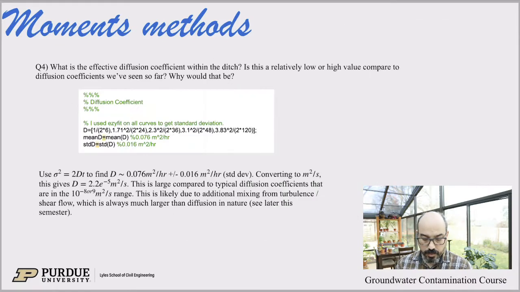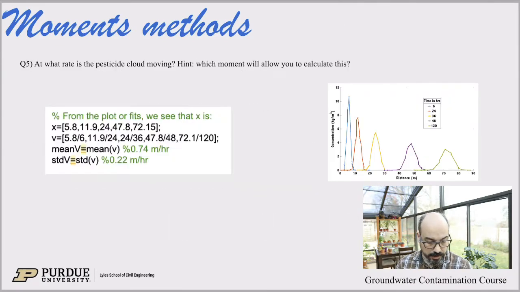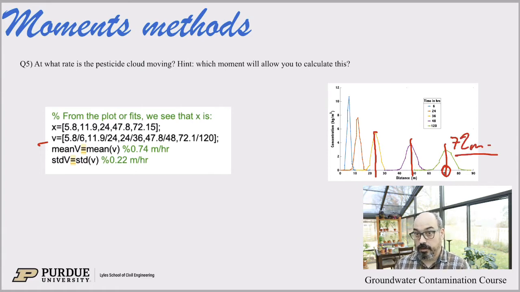And if we go back here, the velocity is also just the distance divided by the time. Here, 72 meters, same thing. You can just read that from the graph. It's the same thing we found with the moments, but here we just read it and divide it by the time, and you find that velocity is about 0.7 meters per hour.